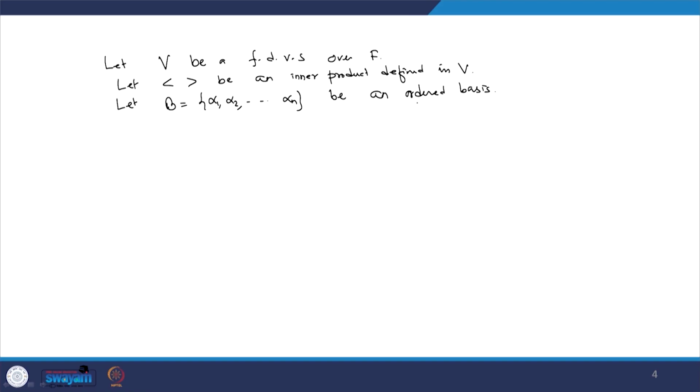So let B be an ordered basis for the vector space V. Let G k j equal the inner product of alpha j and alpha k, because the inner product is given to us. So I shall utilize that given inner product to define a scalar G k j like this.